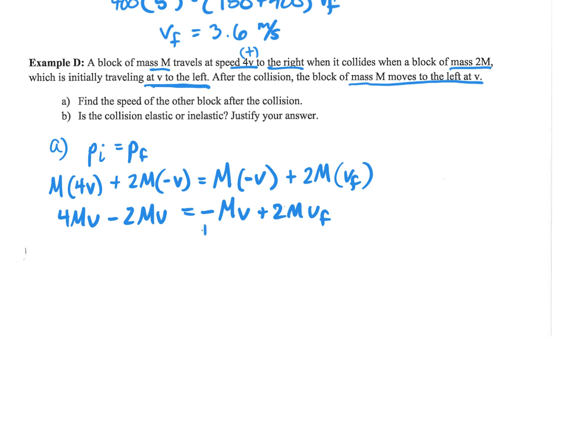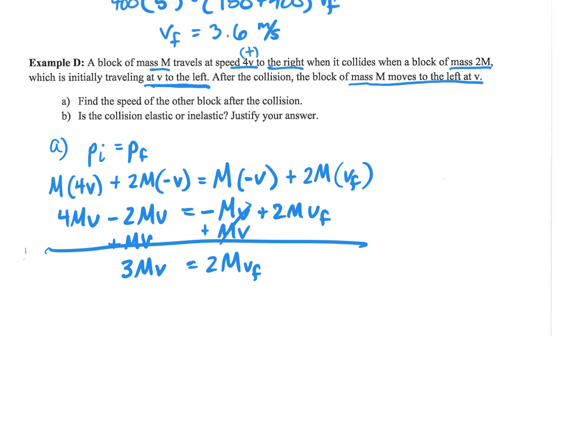So I'm going to add mv to both sides to begin with, okay? Four minus 2 is 2 plus 1 is 3, so 3mv. Now what?